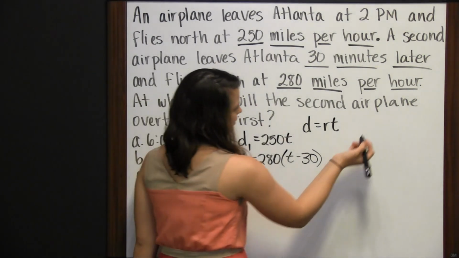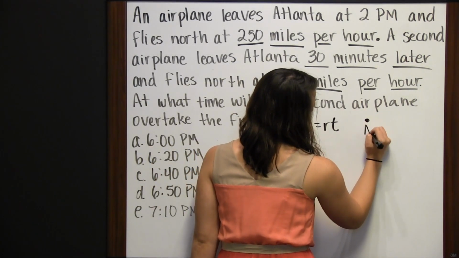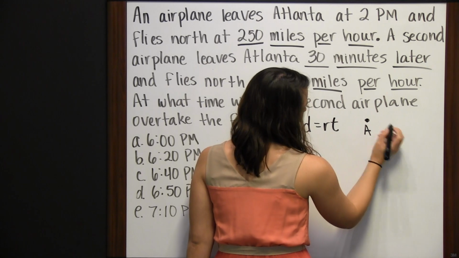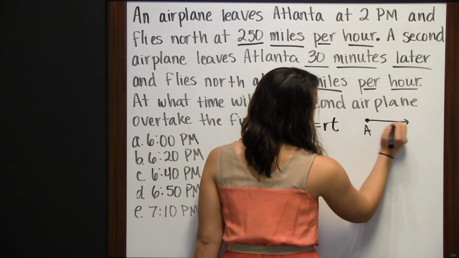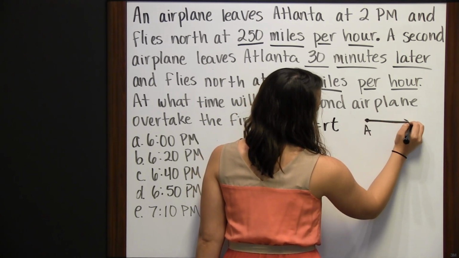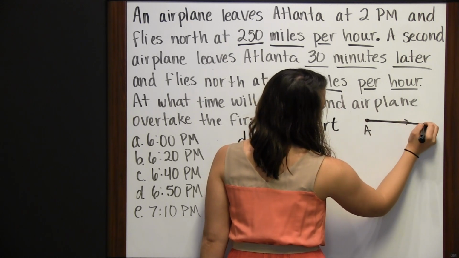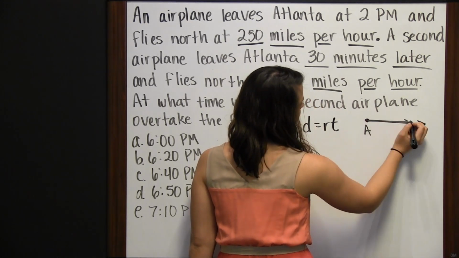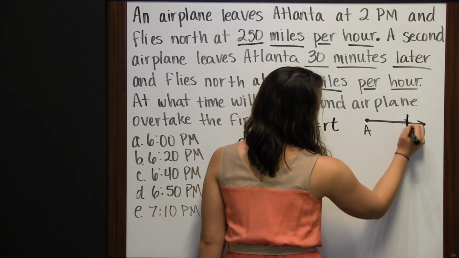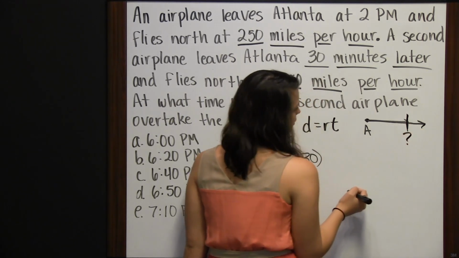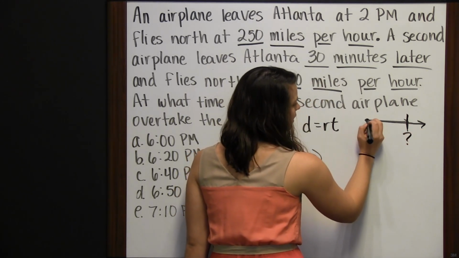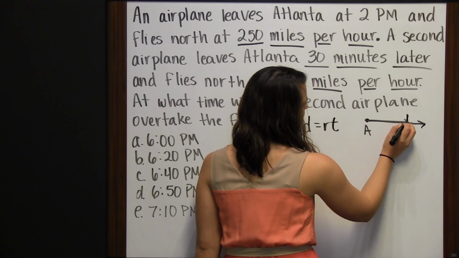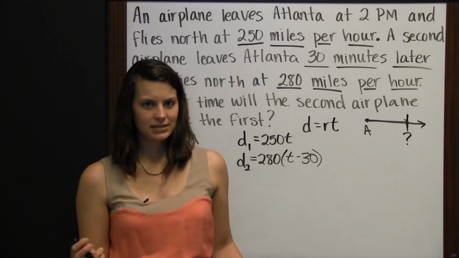Now, if you think about this, you've got two planes leaving from Atlanta. They're both flying north. And the question is, when will the second one overtake the first one? Well, at that time, both of these airplanes will have flown the exact same distance.